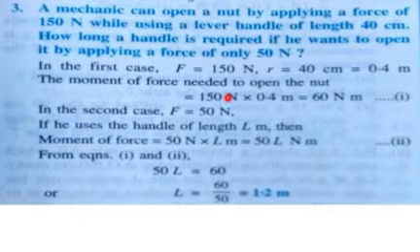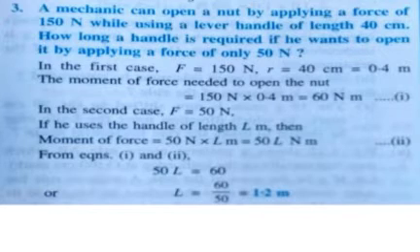Now question number 3: a mechanic can open a nut by applying a force of 150 Newton while using a lever handle of length 40 centimeter. How long a handle is required if he wants to open it by applying a force of only 50 Newton? The more we take the distance from the pivot point, the less force we apply.